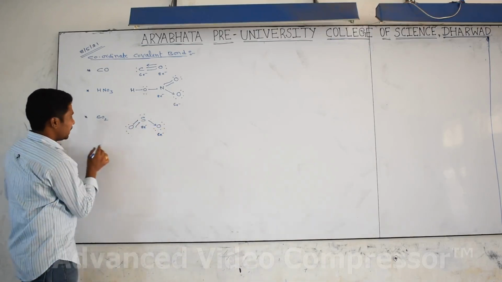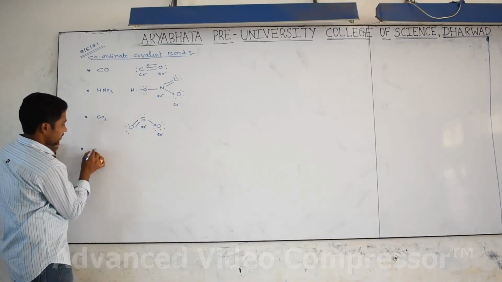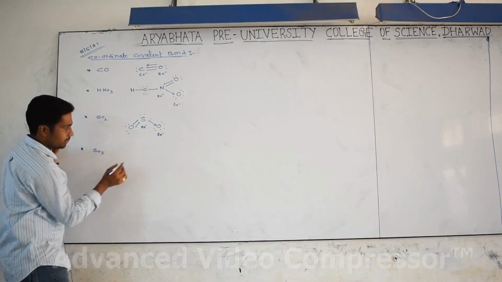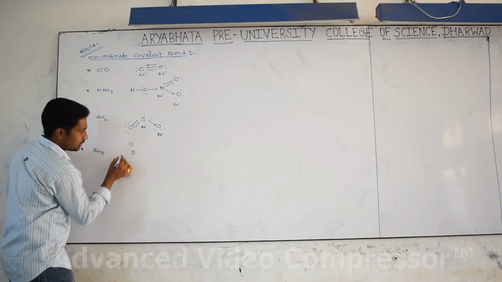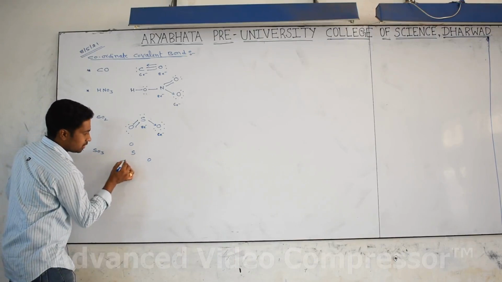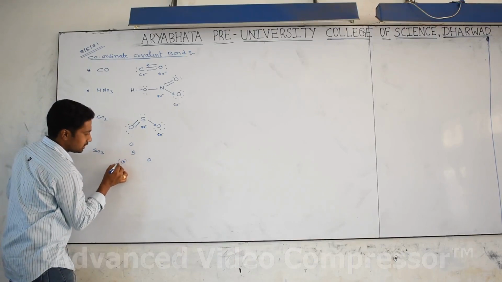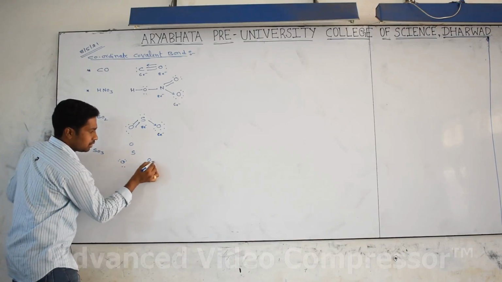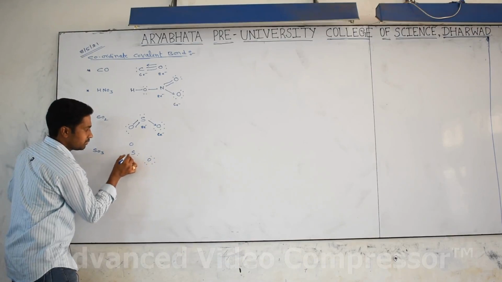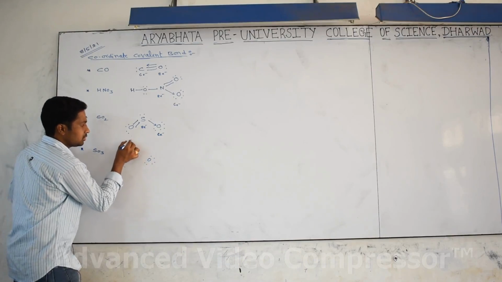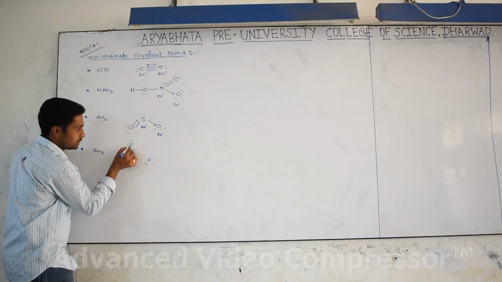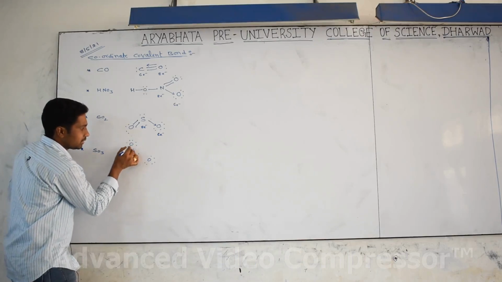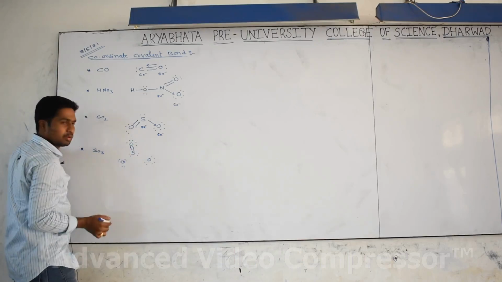I will give you one more: the SO3 molecule. Sulfur is surrounded by 3 oxygens. Everyone has 6 electrons because all belong to the same family. For my convenience I will write it here, 2 bonds are forming here.